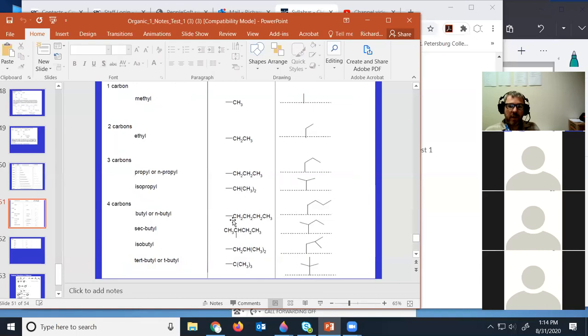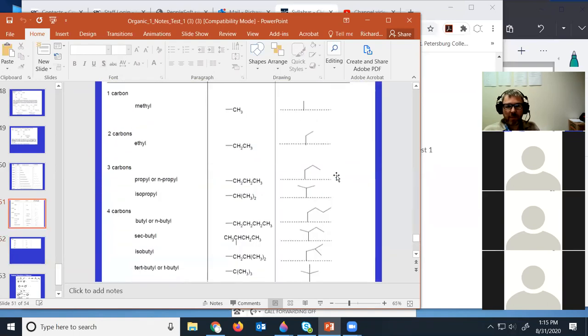You've got one off the end, one off the second or sec-butyl. One that looks like a Y, that's isobutyl or Y-sobutyl as I call it. And then tert-butyl, T-butyl, kind of looks like a T. Those are the 4 possible ways that you can arrange 4 carbons as a side chain. So you'll get this minus the 3rd column there.